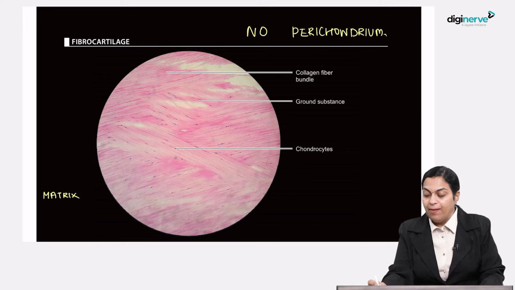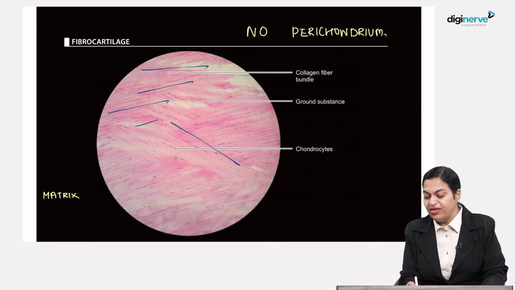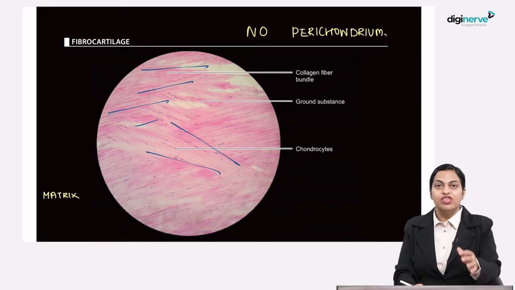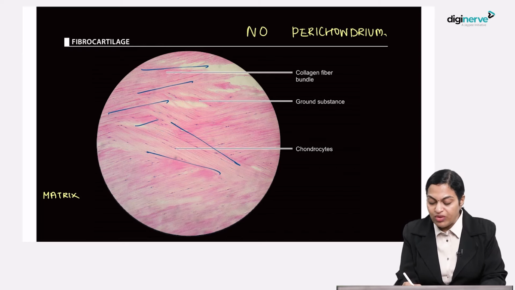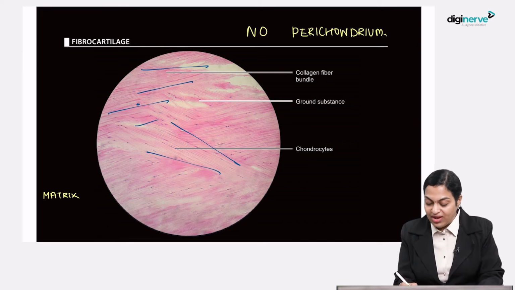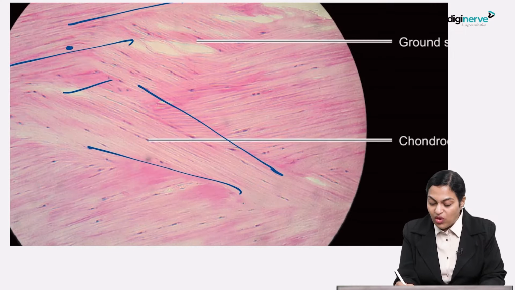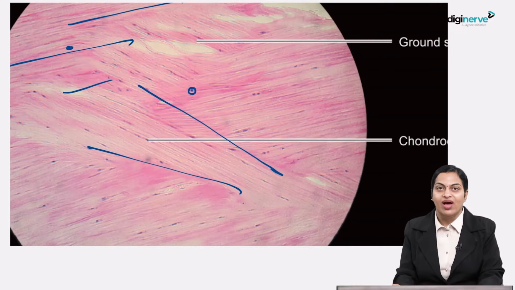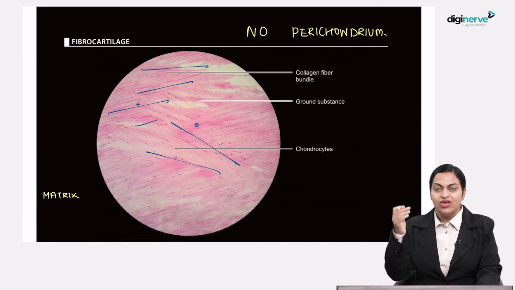You can see bundles of collagen fibers running in different directions, arranged parallel to the direction of stress. Close to these collagen fibers, you can see the fibroblast nuclei. Apart from that, you can also observe chondrocytes in lacunae, right? And the ground substance is very minimal.